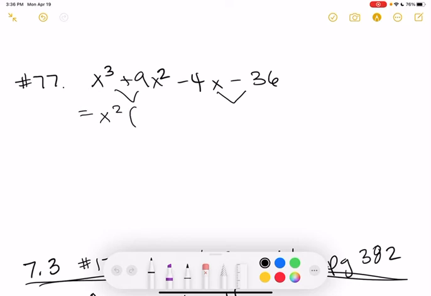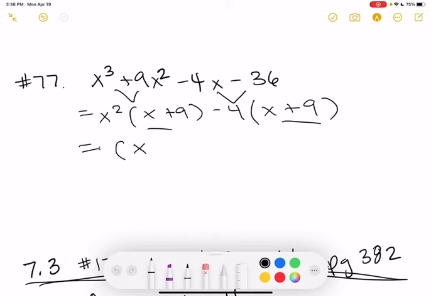Trying to get to that x cubed, so I have 1x here, plus a 9. I have a negative, and I'm trying to figure out between 4 and 36. I can actually pull out that 4, right? Leaving me with an x plus a 9. We have our x plus 9 we can bring out front. And we're left with an x squared minus 4.